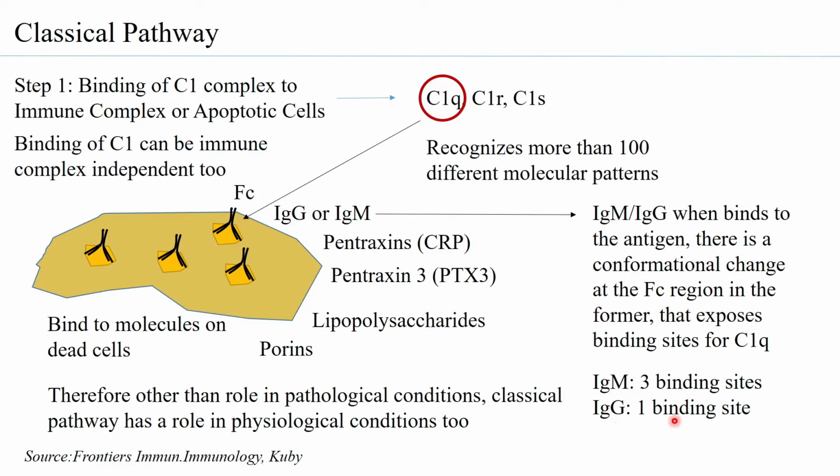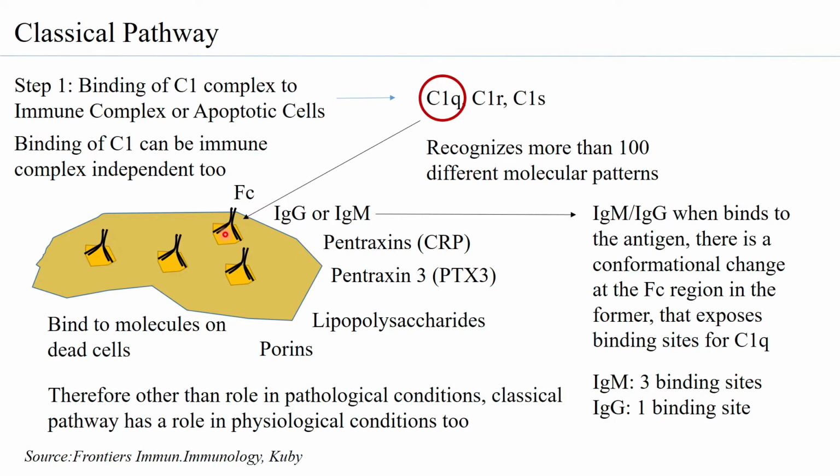So what we understand over here is very important. It is that the IgG has just one binding site in the Fc region for C1q, and that too only when it is bound to an epitope. If not, the Fc region conformation has the binding sites for C1q hidden.